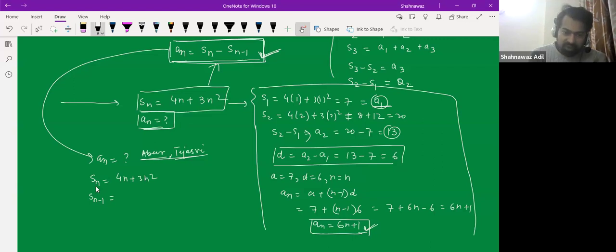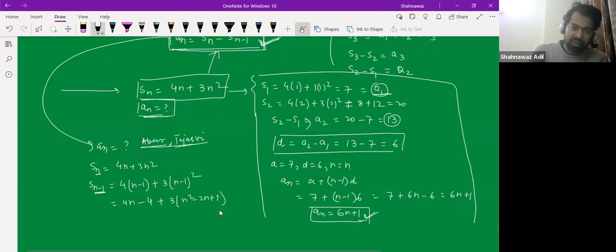In place of n, we have to put n minus 1. So we write 4 times n minus 1, which is 4n minus 4, plus 3 times n minus 1 squared, which is 3 times n squared minus 2n plus 1.